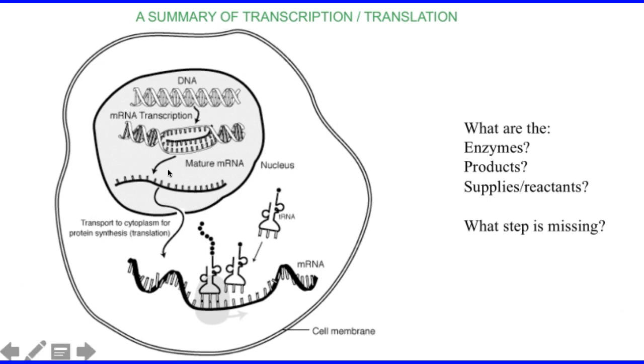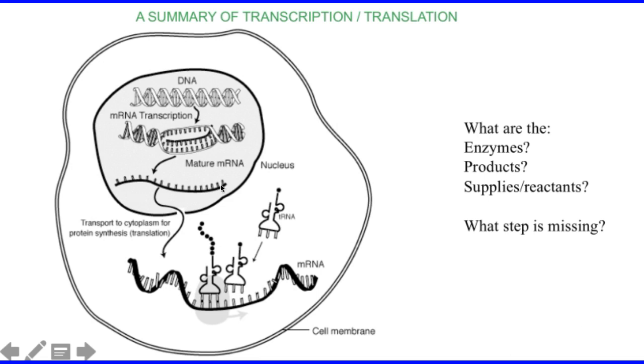Once we have that messenger RNA still inside the nucleus, we need to process it next. So now we're going to undergo RNA processing. Remember, in RNA processing we have to splice out the introns, or the non-coding sequences, on this messenger RNA. The coding sequences that we keep are the exons, because they're the expressed parts of the code.